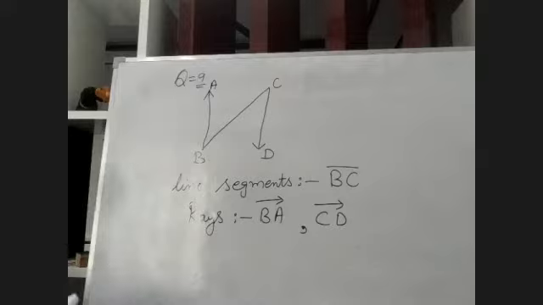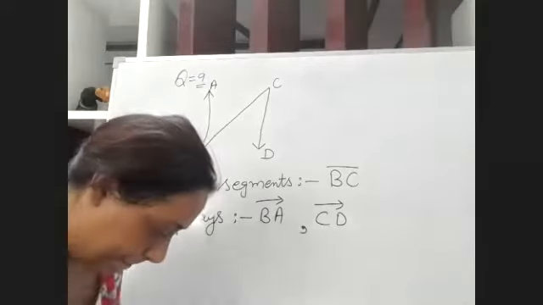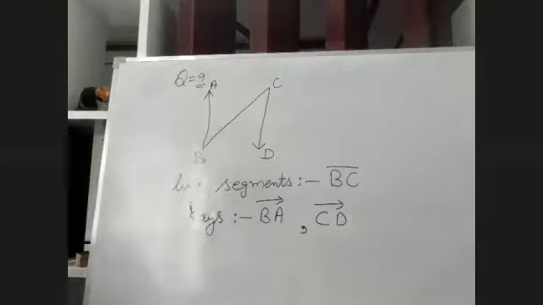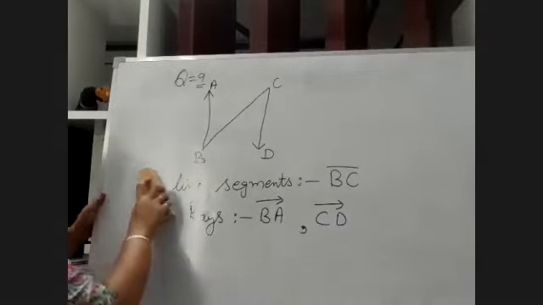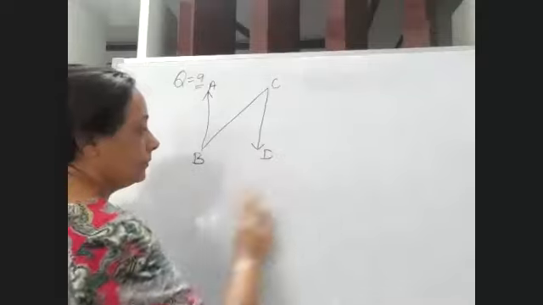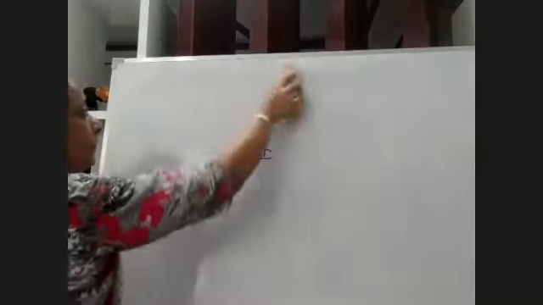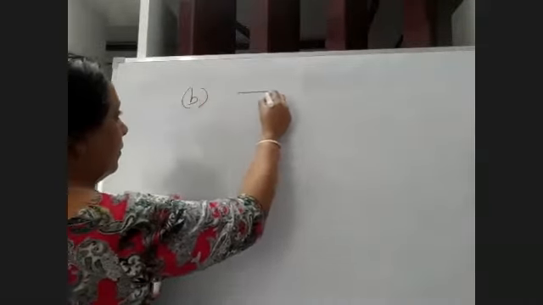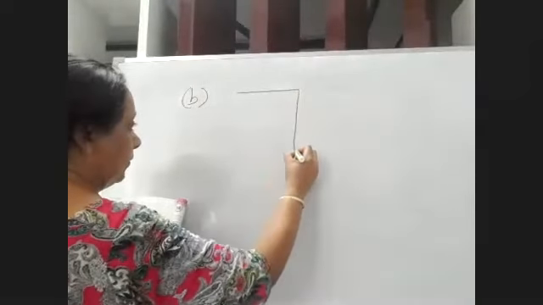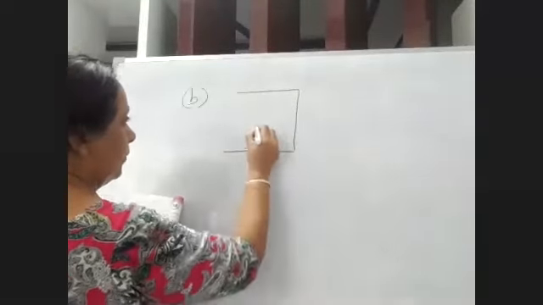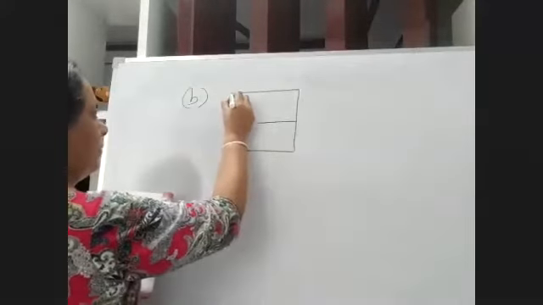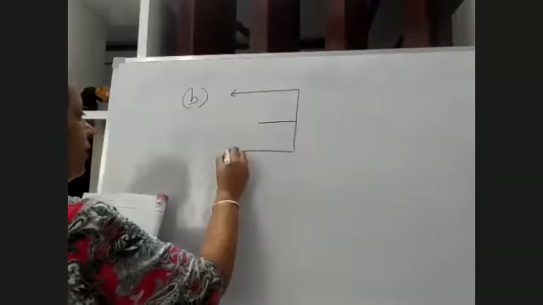Next is part B. Now our figure is here. We have arrows.